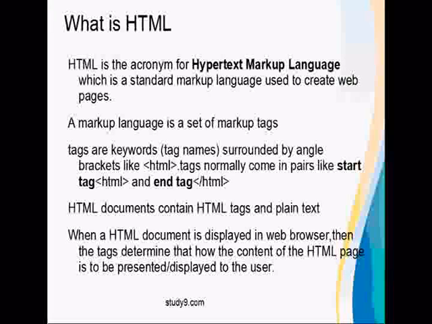And HTML markup tags are usually called HTML tags. Tags are the keywords, that is, the tag names. They are used to specify the appearance of the content. We shall discuss the tag features and attributes in the later chapters in more detail. So, for now, just keep it in mind that an HTML document is made up of HTML tags and plain text.